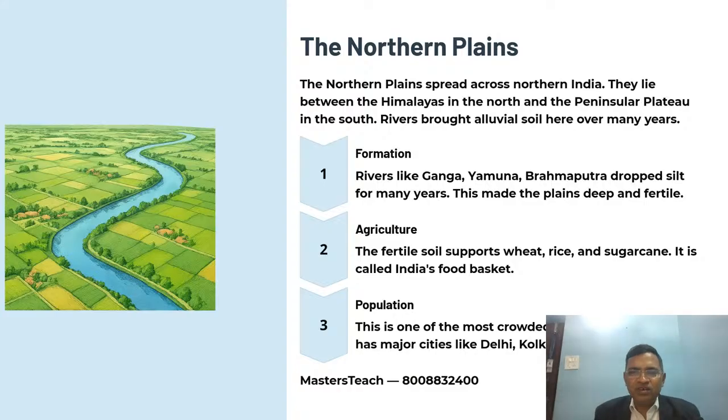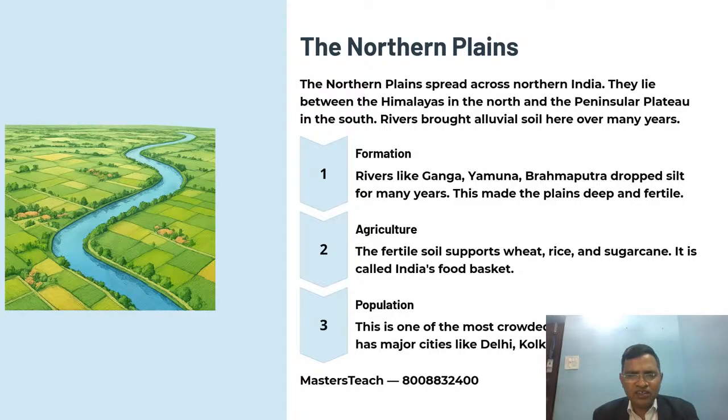Rivers brought alluvial soil over many years, and good soil was formed. Rivers like the Ganga, Yamuna, and Brahmaputra dropped silt for many years, so they made the plains deep and fertile.